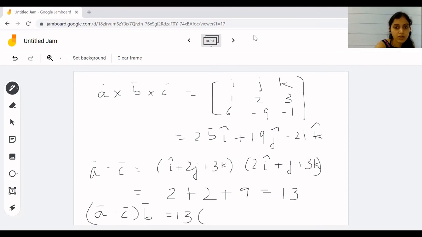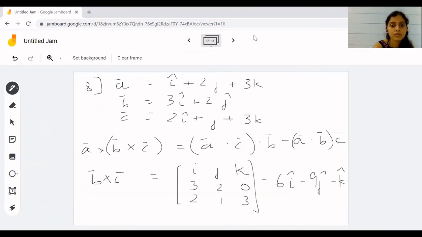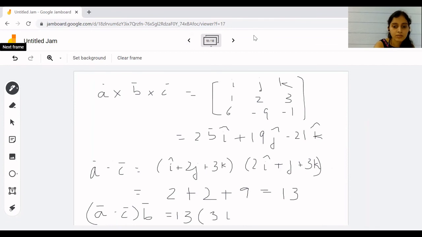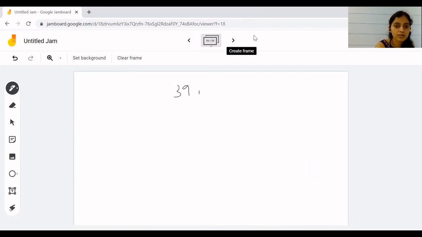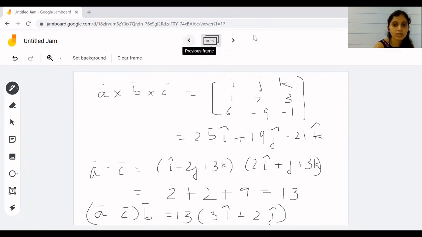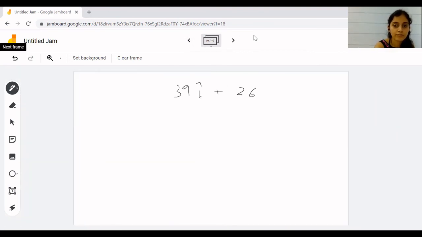What is the vector b bar? 3i plus 2j. So we have to multiply this. So we'll get 39i plus 2j, that is 26j. Okay, this is a bar dot c bar into b.